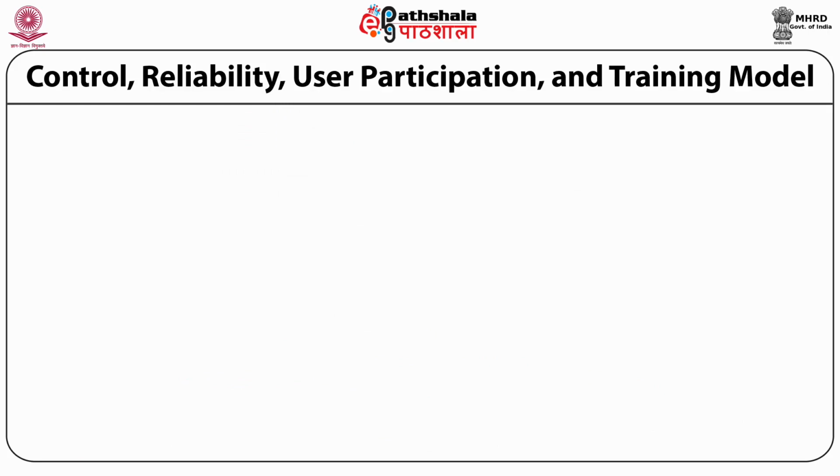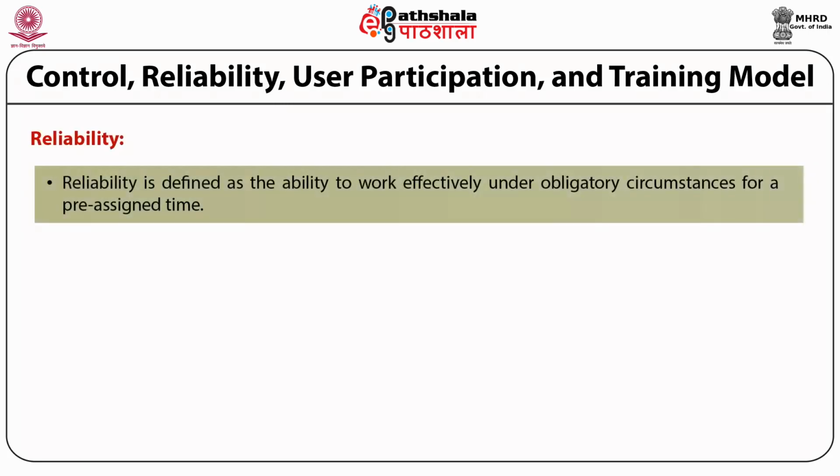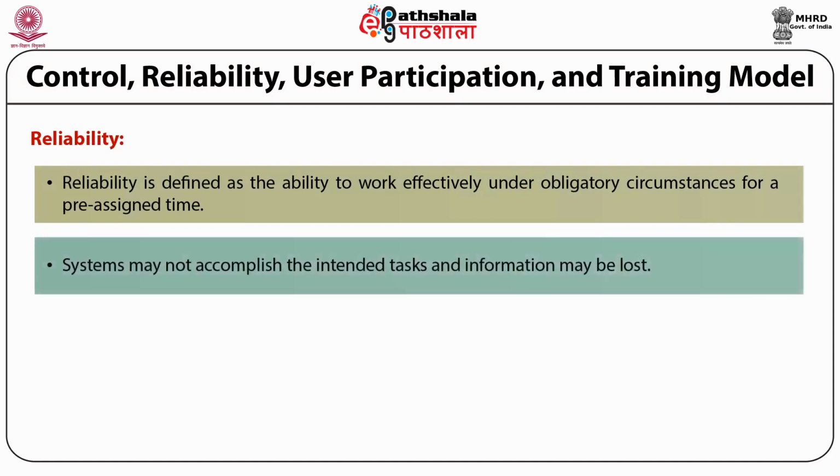Now let's try and understand what we mean by reliability. It is the ability to work effectively under obligatory circumstances for a pre-assigned time. Systems may not accomplish intended tasks and information may be lost. Organizational management may determine if the information systems are dependable based on how quickly they detect problems regarding their functions.